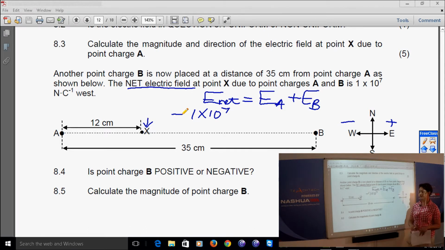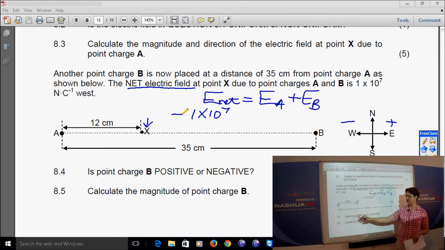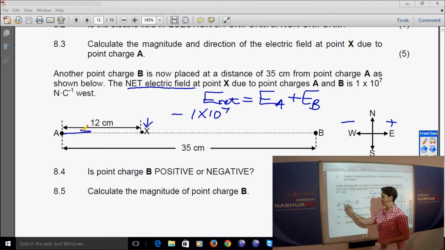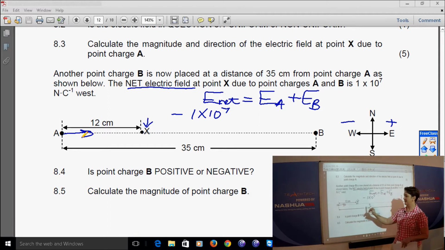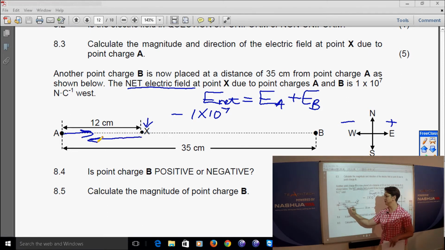Let's see what they ask us. First of all, they want to know, is this point charge B positive or negative? Now we need to, again, just look at the direction of our fields. A we know is positive. It works outward. Now E net, the field of A plus the field of B, will give me a net field to the west.